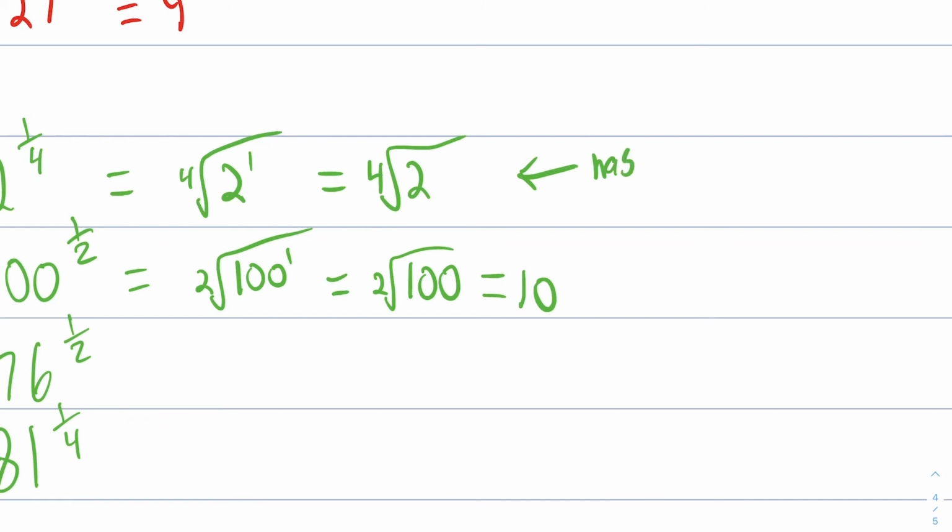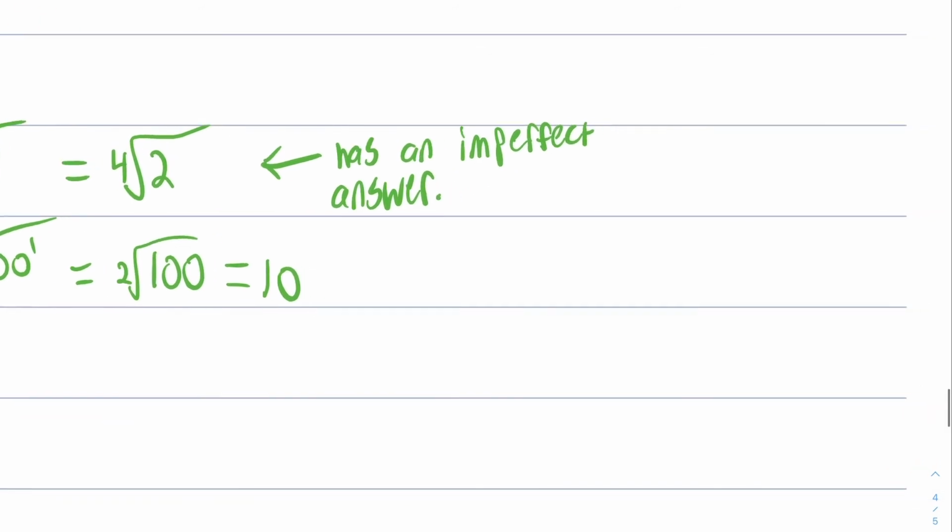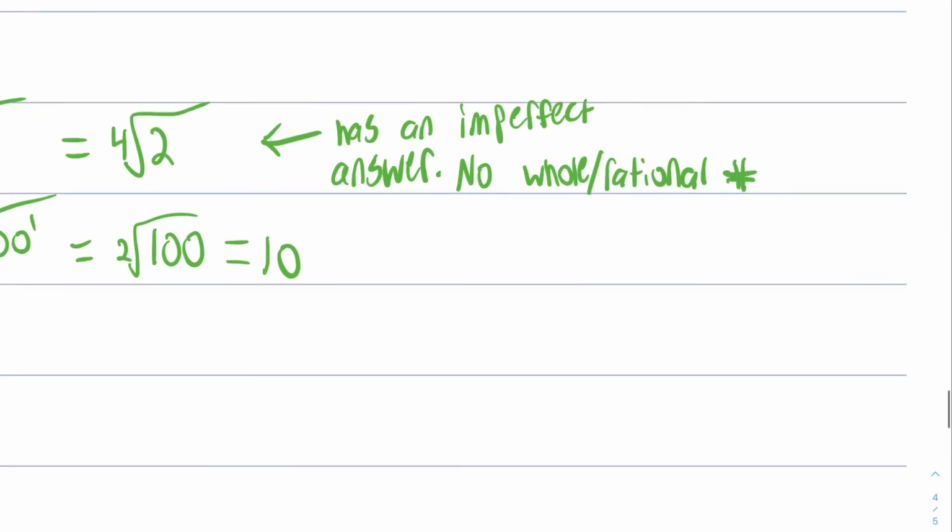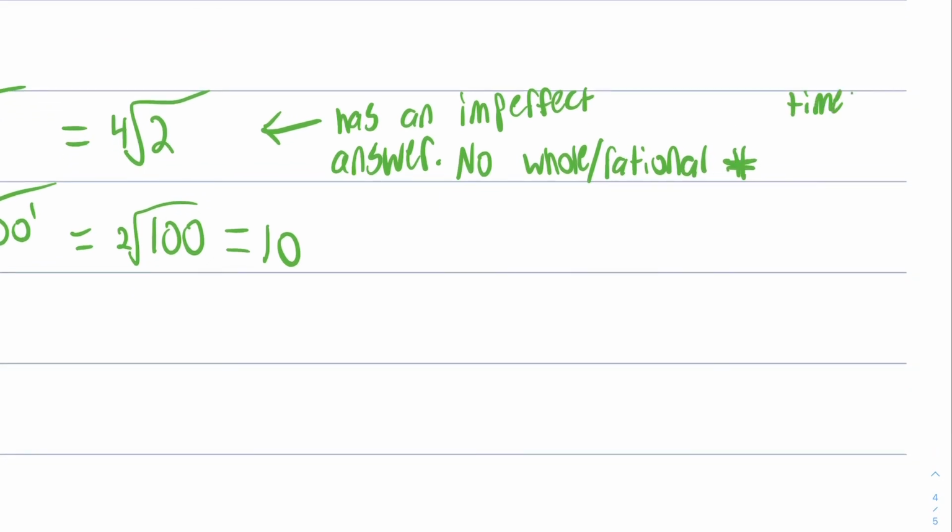It has an imperfect answer, which means no whole or rational number times itself 4 times makes the number 2.